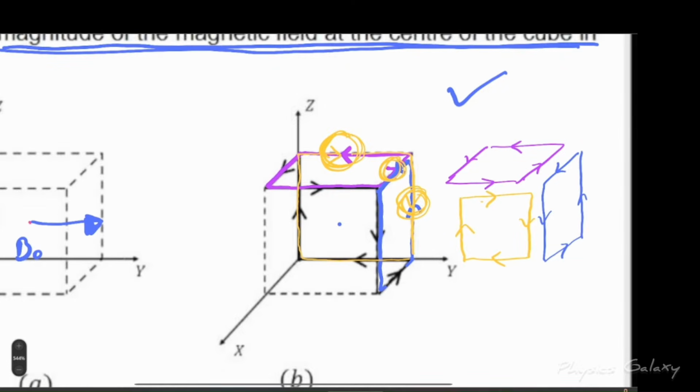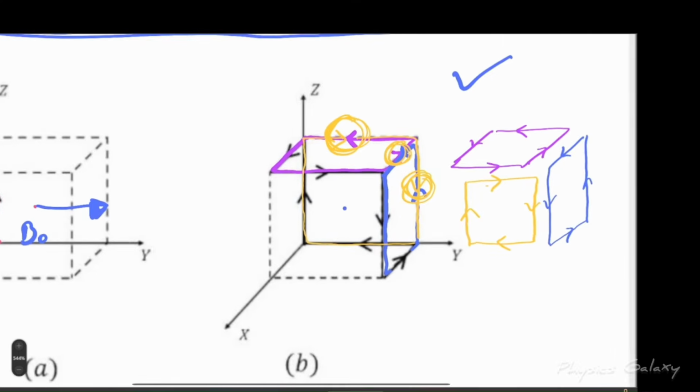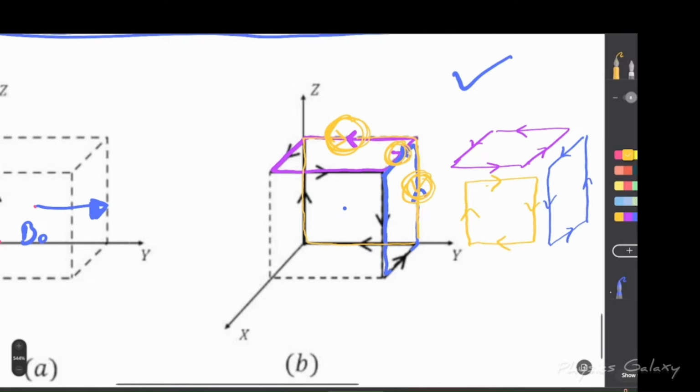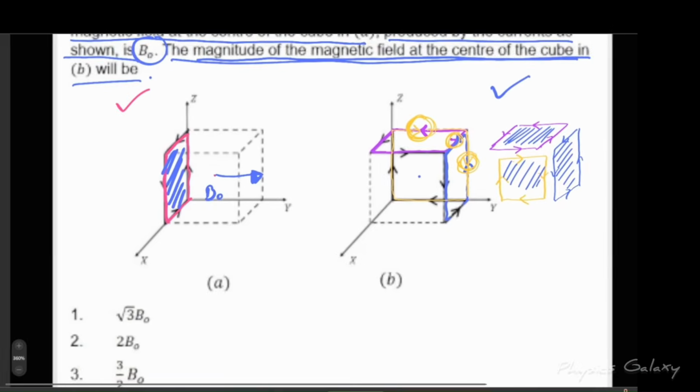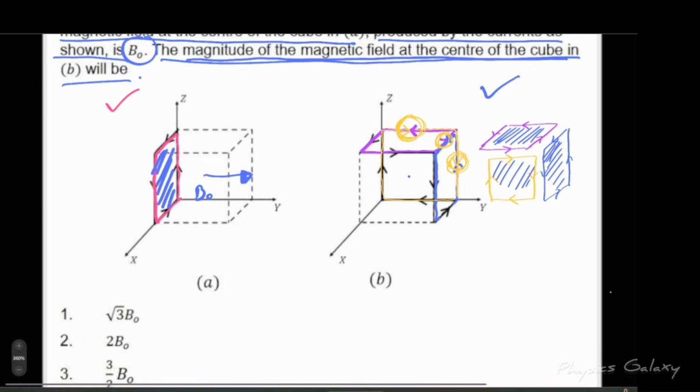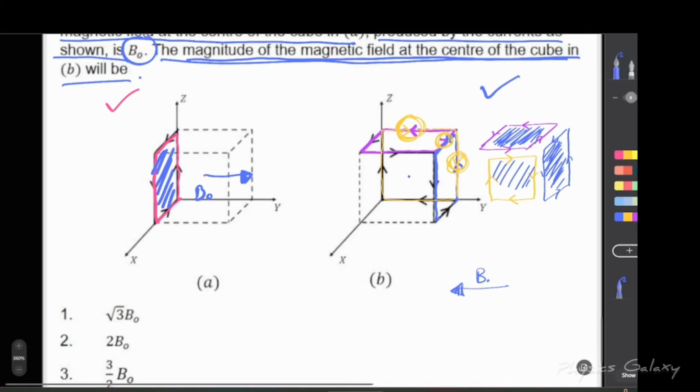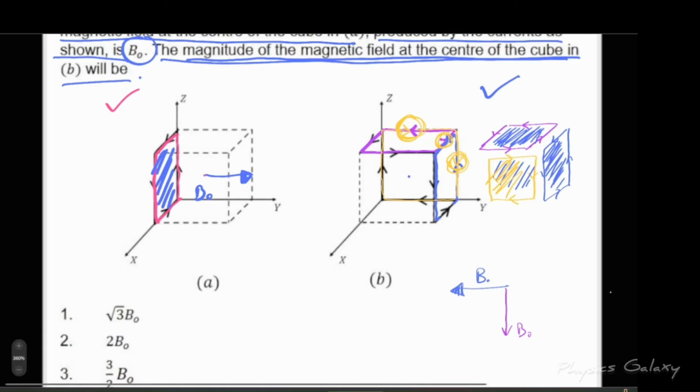So we again have the original configuration. We have to find the resultant of these three loops at the center. So this is the first loop, second loop, and third loop. Now this loop at the center will produce a magnetic field in this direction, perpendicular, with magnitude B naught, and similarly the top one will produce a magnetic field in the downward direction with the same magnitude B naught, and the third, backward loop will also produce a magnetic field in the forward direction, B naught.